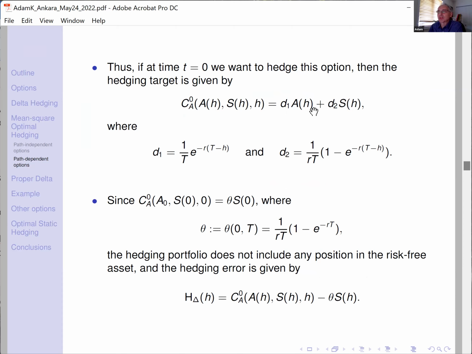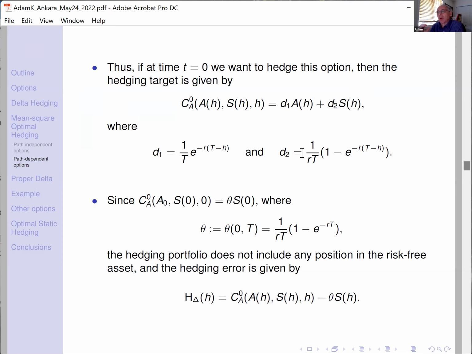It is a linear function of the integral plus spot price. In addition, at time 0, the value of the option is equal simply to a linear function of the spot price, which means I can easily find the delta. D2 actually will be the delta because the integral when h is equal to 0 is 0.